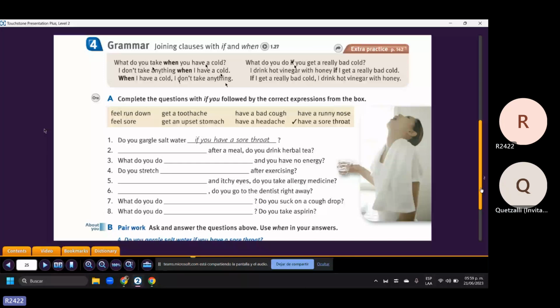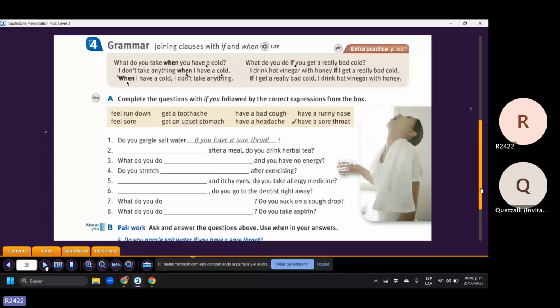Okay. Easy. So now we are going to complete the questions with if followed by the correct expression from the box. For example, we have feel run down, feel sore, get a toothache, get an upset stomach, have a bad cold, have a headache, have a runny nose, and have a sore throat. For example, the first says, do you gargle salt water if you have a sore throat?